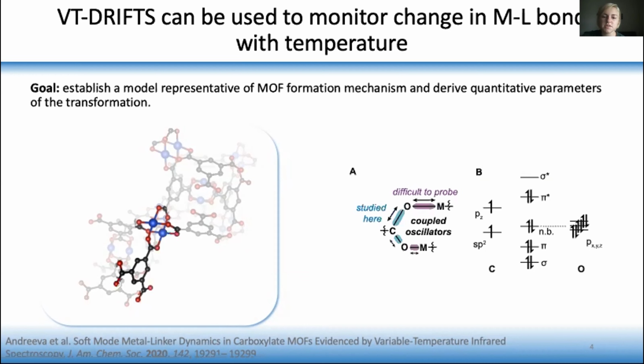But we hypothesized that the dynamics of the bond can still be probed by looking at the adjacent bond, so carbon-oxygen bond. And this can be explained with simple molecular orbital picture of the CO bond, in which the highest energy electrons are in the orbitals that are either antibonding or non-bonding, which can also be thought of as a lone pair that interacts with metal ions.